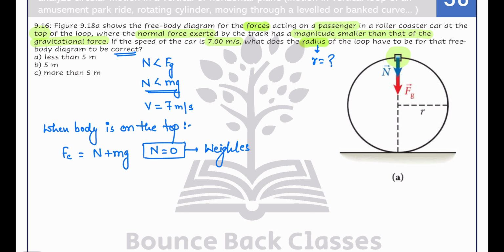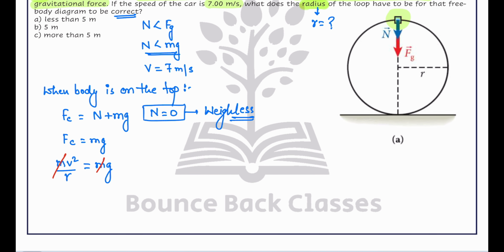So if N is 0, can I say Fc equals mg? What is Fc? mv square over r, which equals mg. Clear? Now m and m cancel, so v square equals rg, and v equals root of rg.